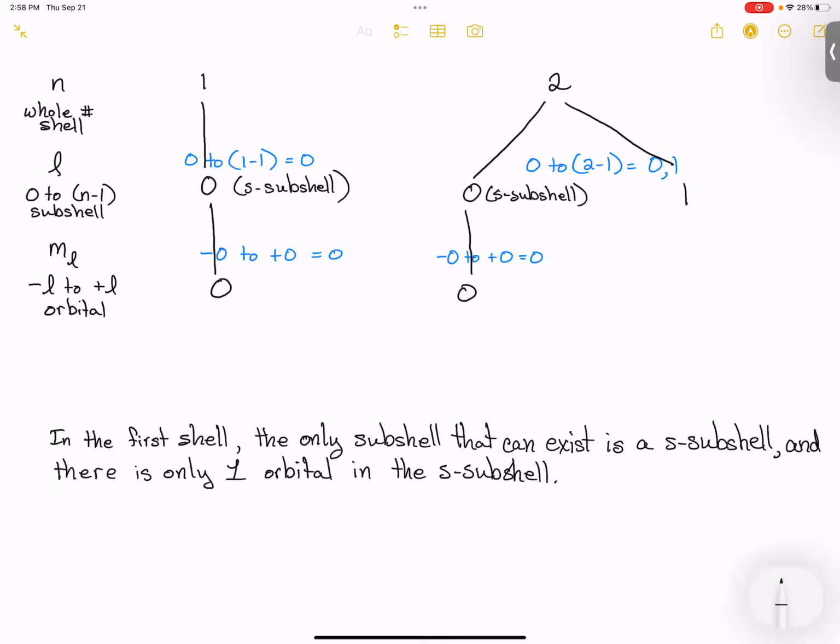Now for our other one though, which is our P subshell, we have a choice of M sub L as anything from a -L, -1, to a positive L, a +1. So in other words, that can be a -1, a 0, or a 1, because it's whatever values are on the number line.